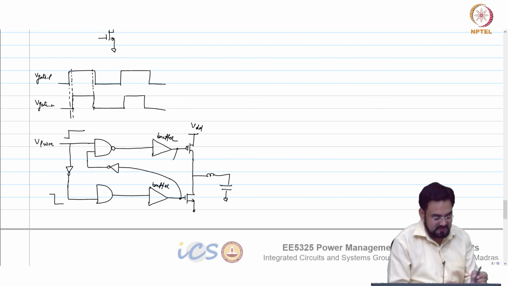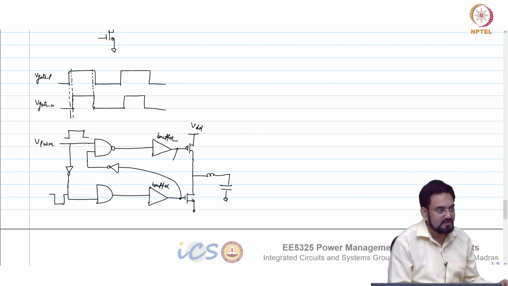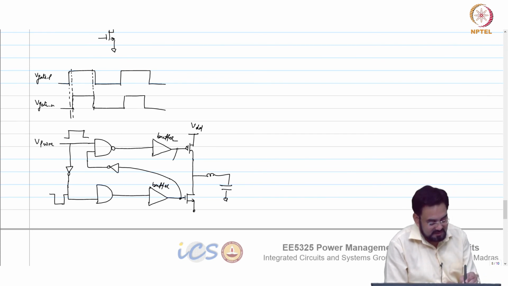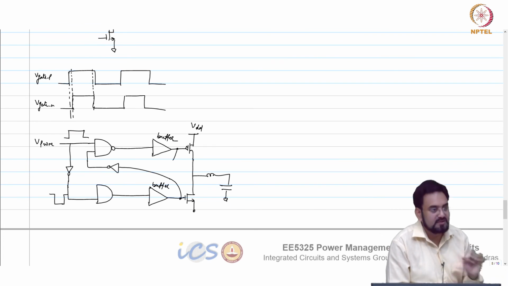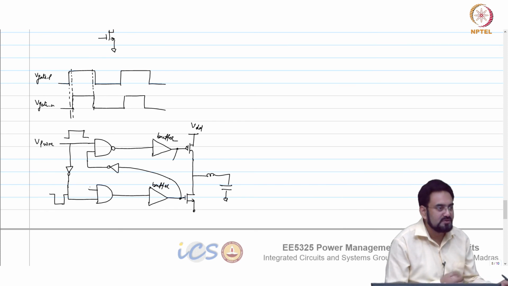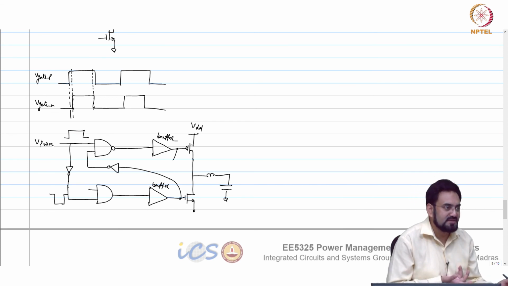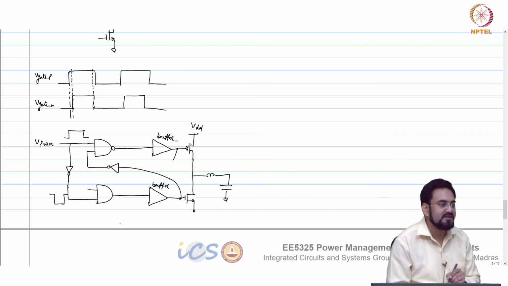Now when this is going low, this will go high immediately and I want this to go high. So this is going high and I want this also to go high. So I don't need any inversion as such, but since you have a delay here, in order to match that delay you have to add an inverter.